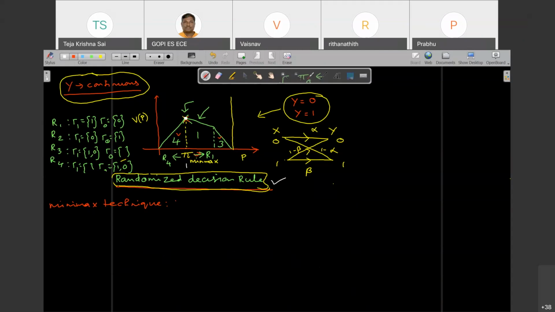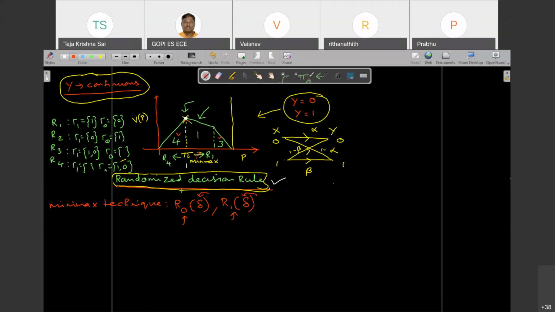So for the conditional cost, let us use the representation R0 of delta and R1 of delta. Don't get confused. Delta is a rule. R0 of delta is the conditional cost when 0 is transmitted, and R1 of delta is the conditional cost when 1 is transmitted, with the rule delta. Delta is just the representation of the rule.